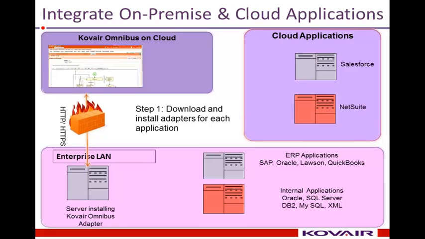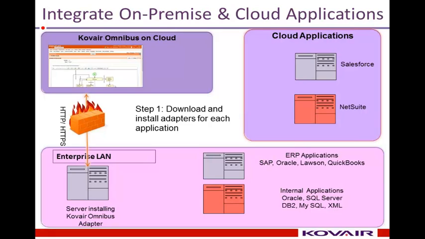Now, depending on the load and traffic of a particular application, you can even do load balancing on multiple servers. That means, let's say for SAP there are a lot of transactions going on and there is a lot of load. In that case, you may decide that the SAP adapter I will install on 3 different servers, load balanced. So the Kovair architecture allows you to do that also.